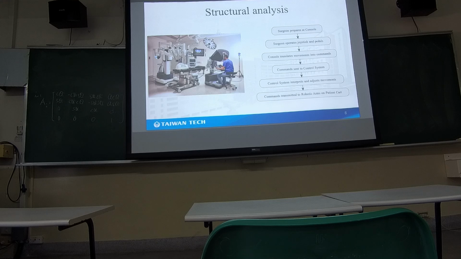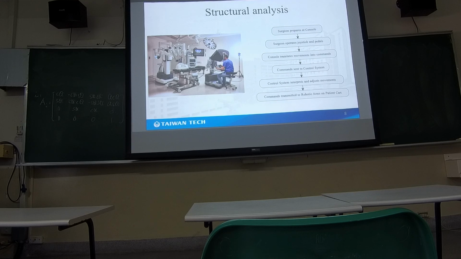And the da Vinci surgical system. The da Vinci system is a complete multi-component robotic platform designed for minimally invasive surgery. Its structure includes a surgeon operating console and four robotic arms.